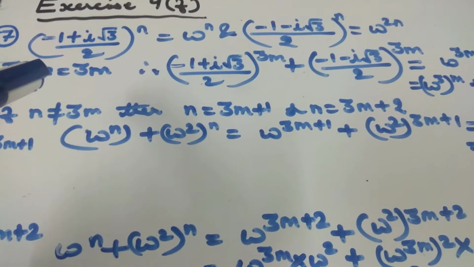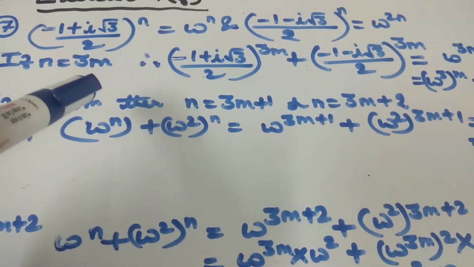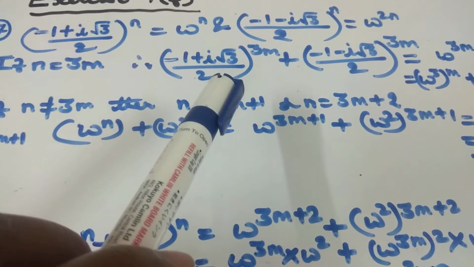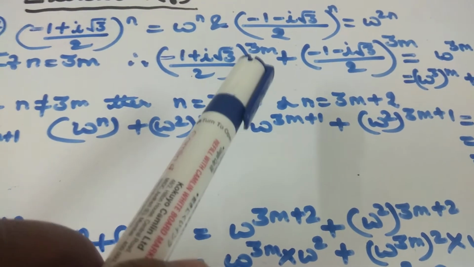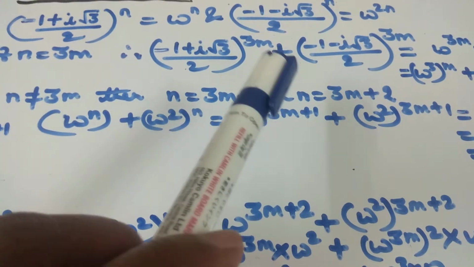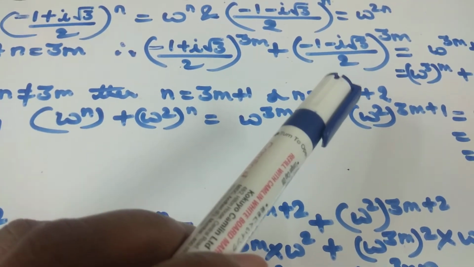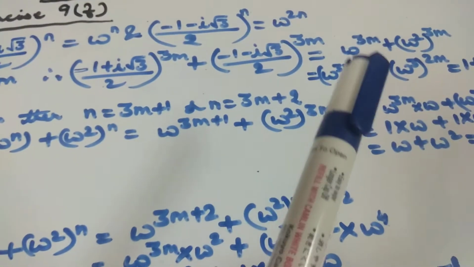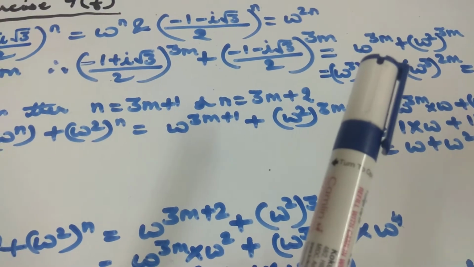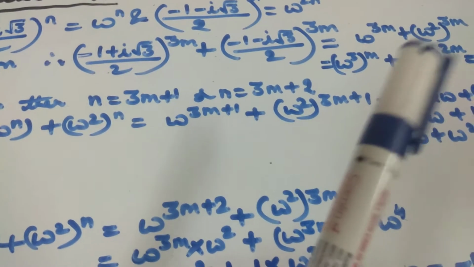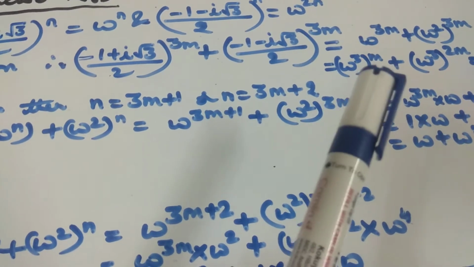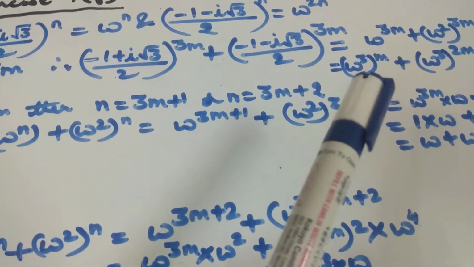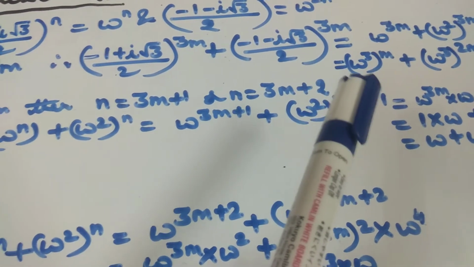Now if n is a multiple of 3, then obviously n is equal to 3m. Therefore, the given expression will be ((-1 + i√3)/2)^(3m) + ((-1 - i√3)/2)^(3m). Hence, this expression becomes equal to ω^(3m) + (ω²)^(3m). Now, ω^(3m) could be written as (ω³)^m, because ω³ is already 1.